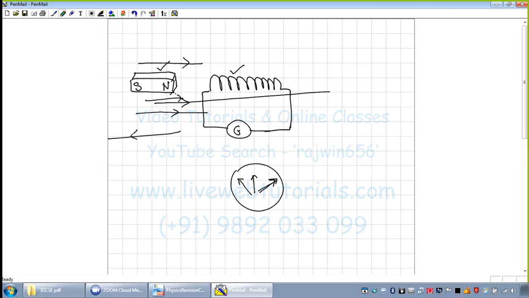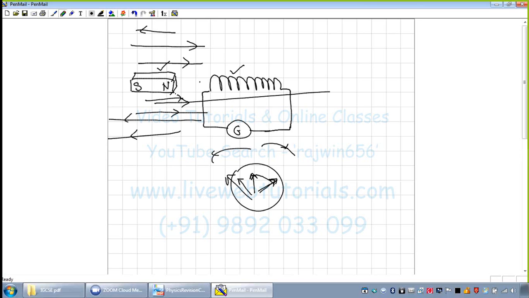When I'm moving this magnet continuously in this direction and in this direction, the magnetic field lines are continuously changing. At a particular instant, the galvanometer will show deflection in one direction. Once the magnet has stopped moving, the deflection will come to zero. When the magnet starts moving in the opposite direction, the deflection will be shown in the opposite direction.